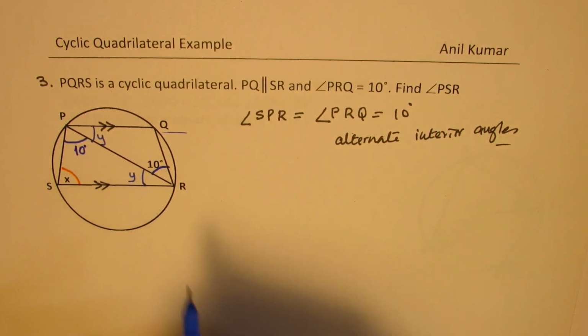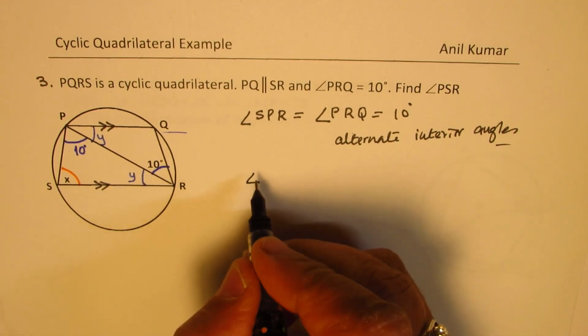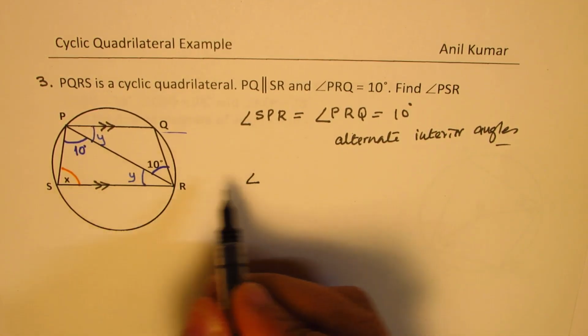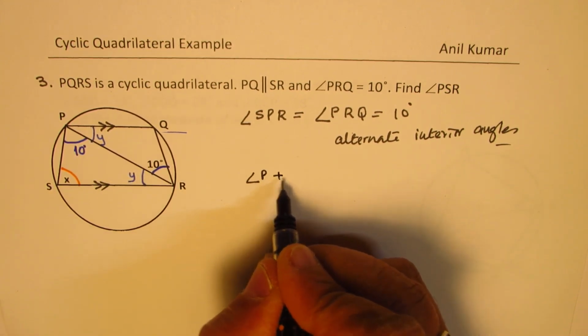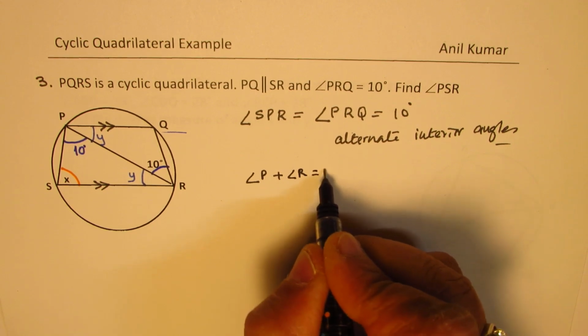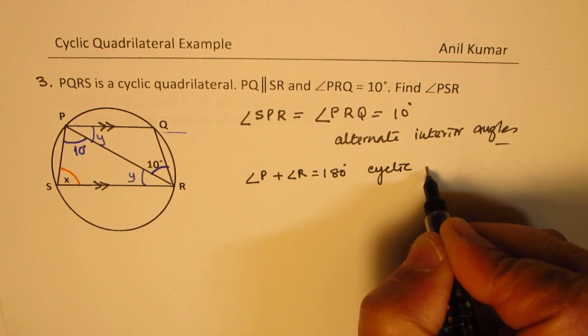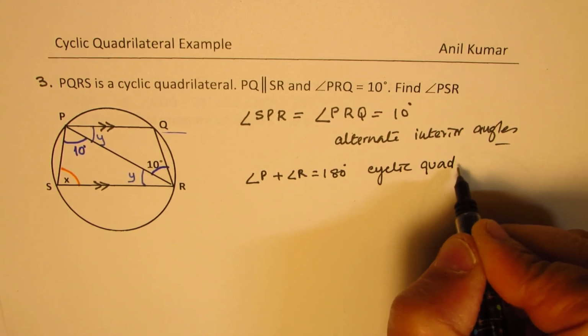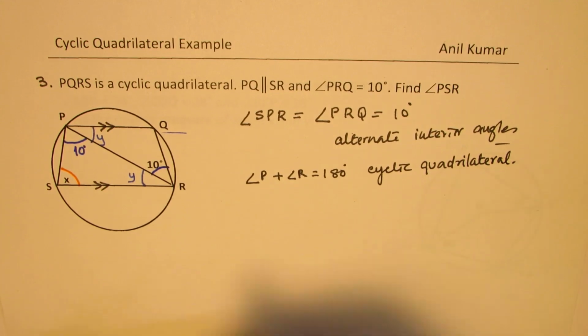So from here, we can write angle P plus angle R should be equal to 180 degrees. This is a cyclic quadrilateral. Correct?